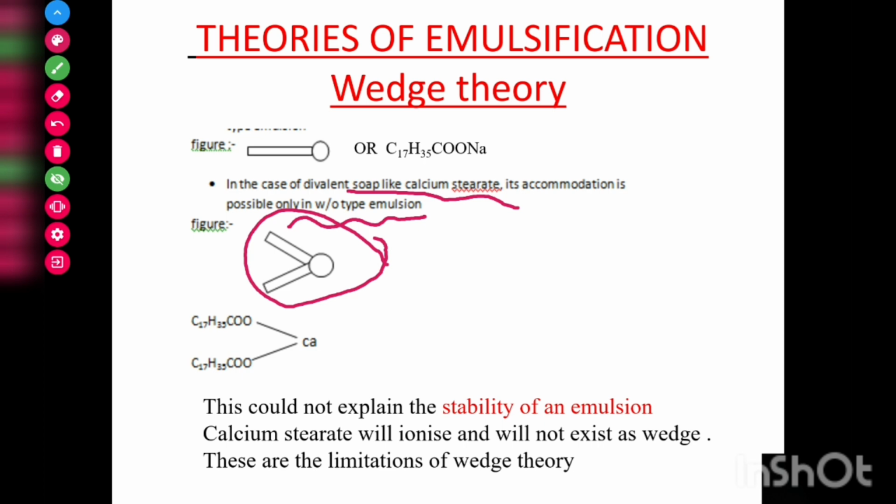Another important drawback of this wedge theory is that calcium stearate ionizes and will not always exist as a wedge. So this is one of the limitations of this wedge theory.